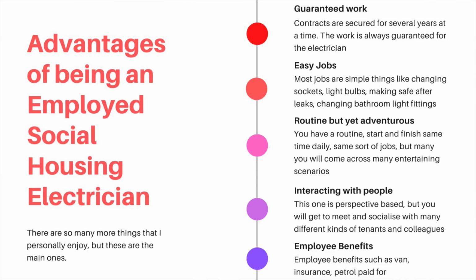The standard of work they expect from you is not the top stuff. You're not going to be working with pretty LED strips and whatnot. You are literally just going to be coming in, changing stuff like for like, pendant for pendant, socket for socket. You're not going to be installing metal sockets with pretty little face plates and so forth. It's just going to be the standard stuff, day in, day out.